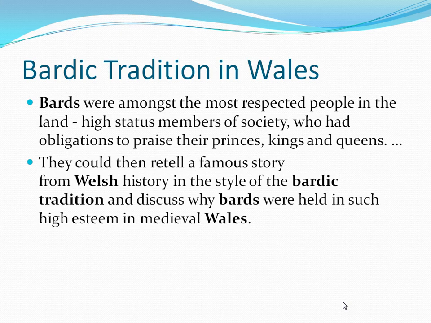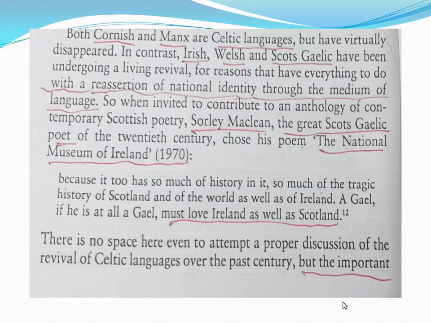So in these four countries, Scotland, Ireland, Wales and England, they have their different pasts, different histories, and different kings ruled these countries at several times. In this way, they have their individual identity and their individual past.